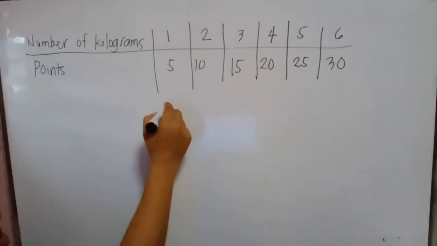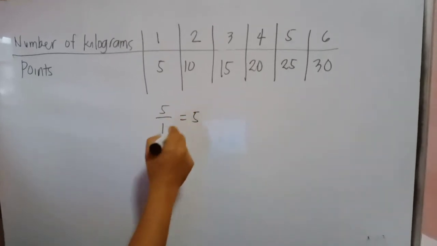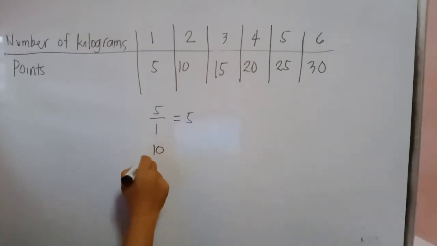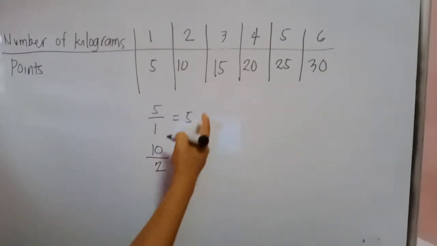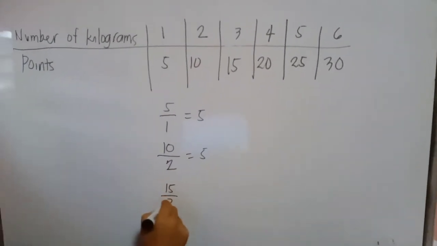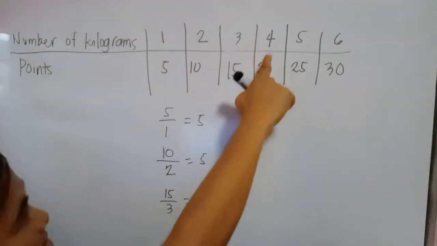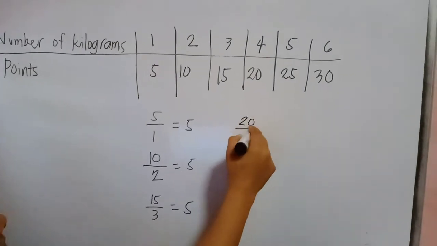Let's go through them one by one. 5 over 1 is 5. Here we have 10 over 2, which is still equal to 5. Then 15 over 3 is still 5. And for 20 and 4, we have 20 over 4, that is still 5.